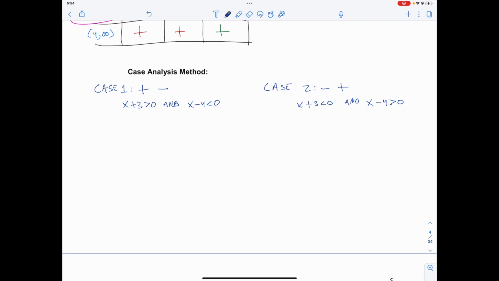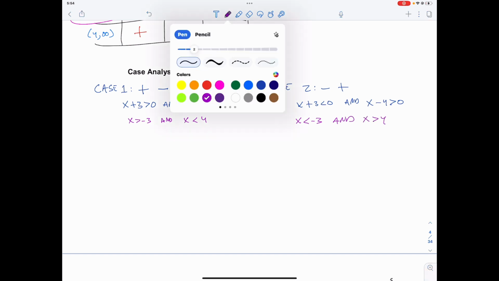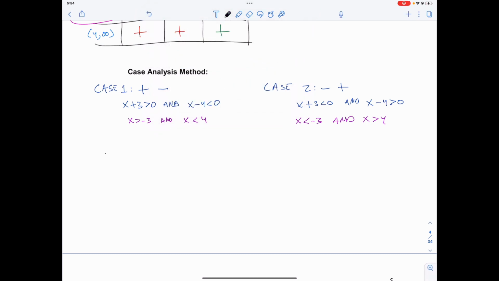This is going to be when x is greater than negative 3 and when x is less than 4. This is going to be when x is less than negative 3 and when x is greater than 4. And then I can just put it on a number line. What's this going to look like?